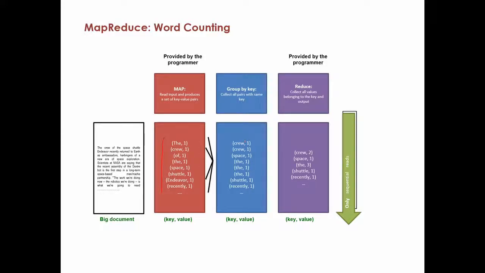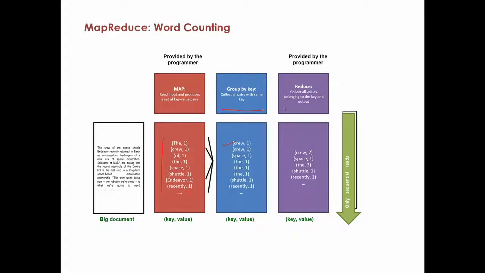Next comes the group by key phase, which is taken care of by the MapReduce framework. Here the records produced by the mapper are grouped together using the key, and in this case the key is the word. So all records containing the same word are going to come together, and this is fed to the reducer. Remember that all records containing the same key are going to be fed to the same reducer.